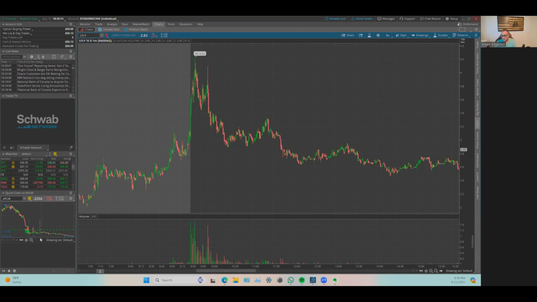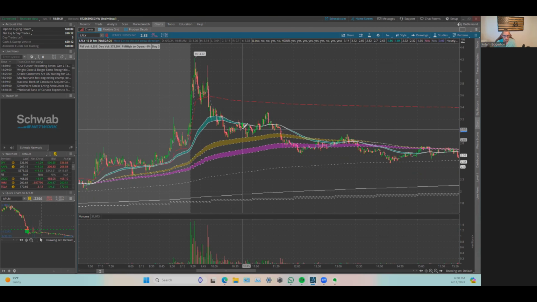Like for me, for instance, what I like to do is I like this one for small caps. And the only reason I honestly like this one at all is because I love to have my targets. That's all I use it for. I literally use it for targets. I don't care at all what it's doing. I'm not looking for any of this stuff anyways.